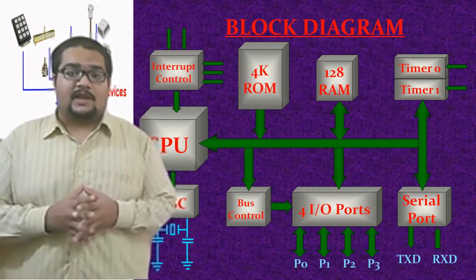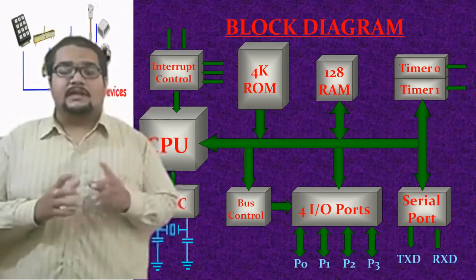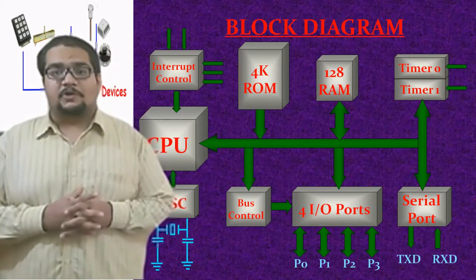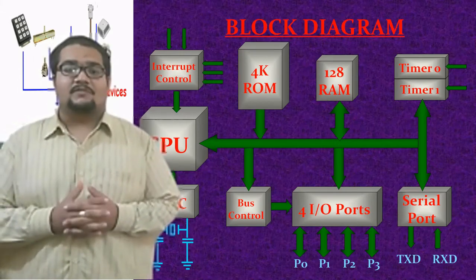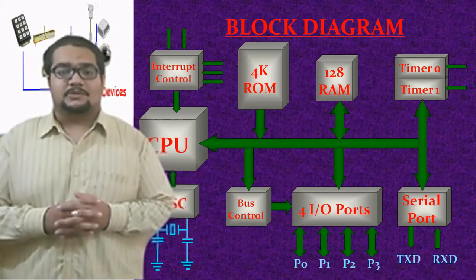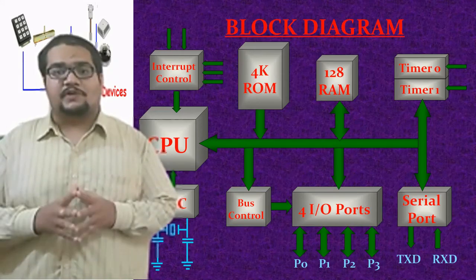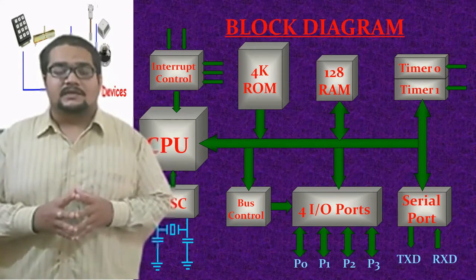Here you can see 5 lines coming into the interrupt controller block, 2 from the top and 3 from the side. These are basically our 5 interrupts. Earlier, in the features, we saw 6 sources of interrupt and 5 interrupts in the 8051.